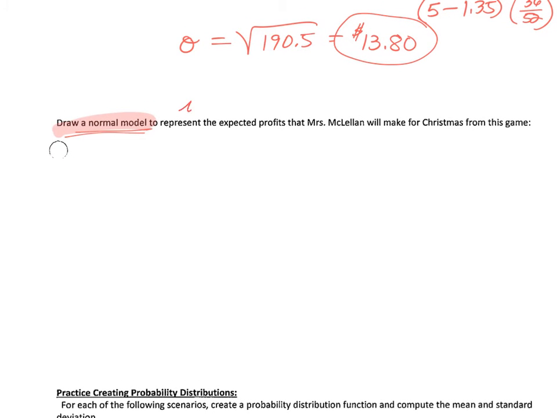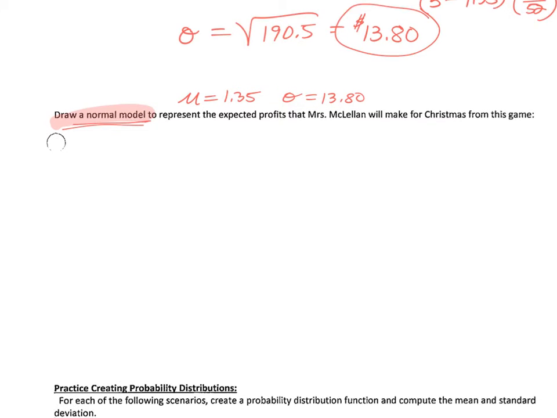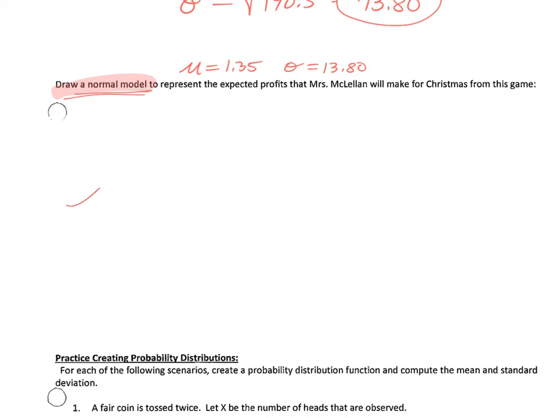We know we have a mean of $1.35, a standard deviation of $13.80, and so let's draw the normal model out. Okay, so here we go. Where is my picture centered? On average, what will I make per play? $1.35. Okay, so my center is going to be at $1.35.